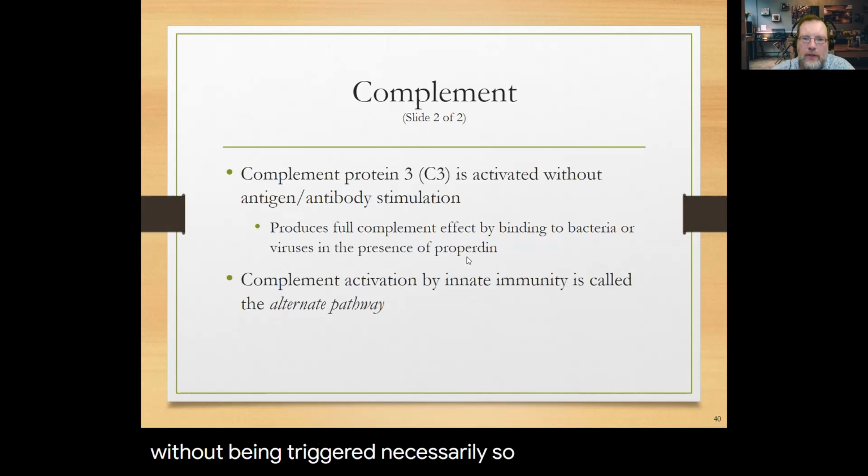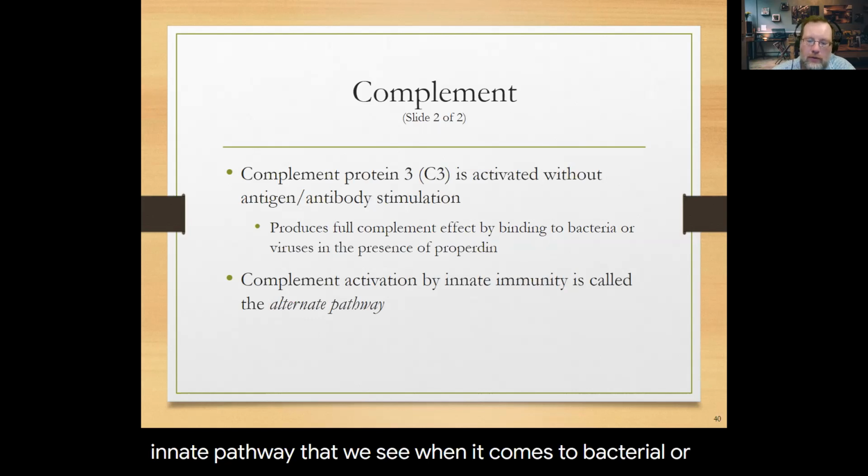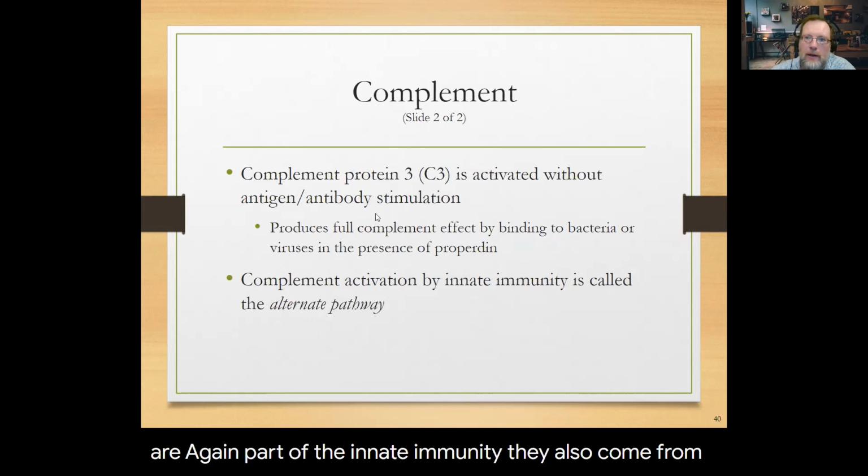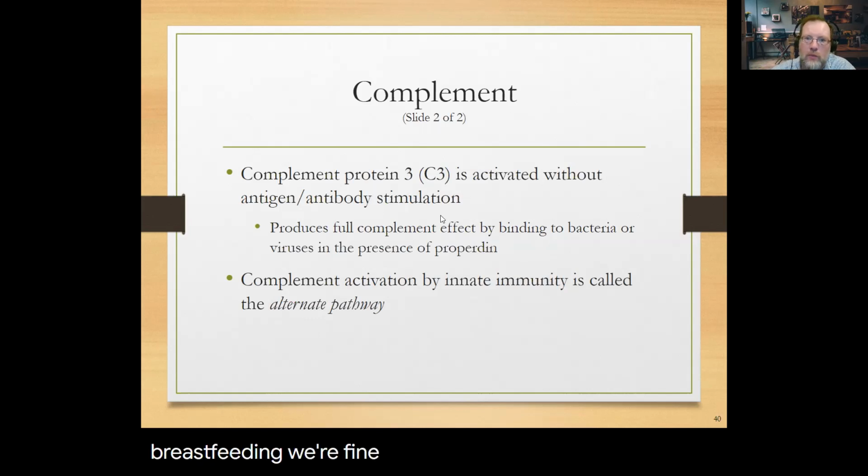So this is the second line of defense of that alternate pathway or the innate pathway that we see when it comes to bacterial or viral infection. These come from mom. These are, again, part of the innate immunity. They also come from breastfeeding, we're finding as well.